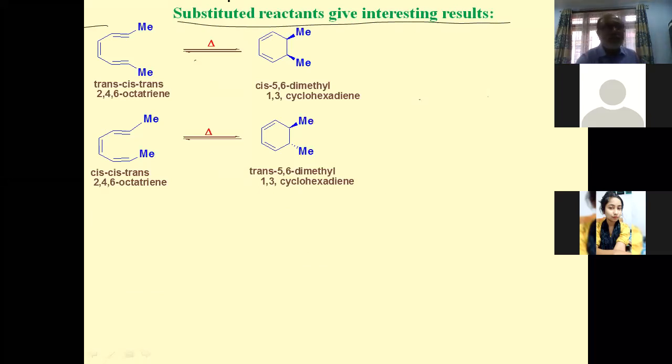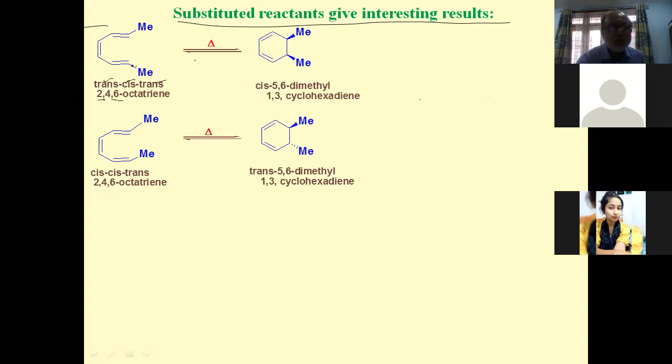Now this is a triene system. This pointer is so small, it is not visible. So this is a triene, but we have 2 methyl groups in these positions, and the name is trans, cis, trans-2,4,6-octatriene.